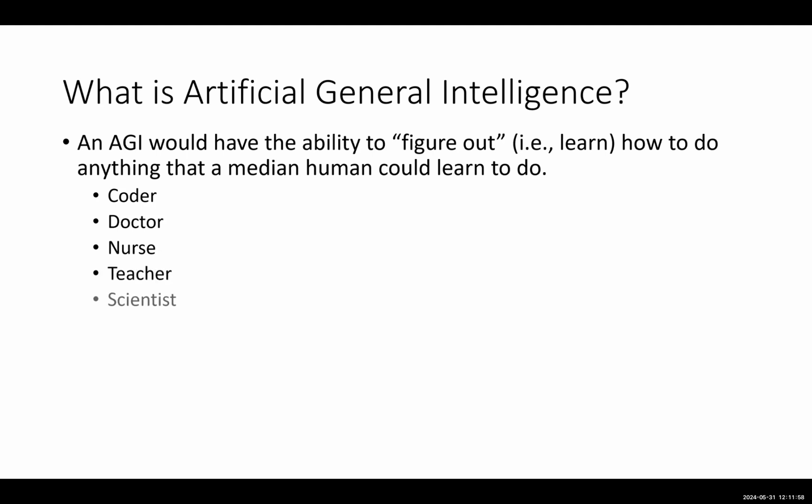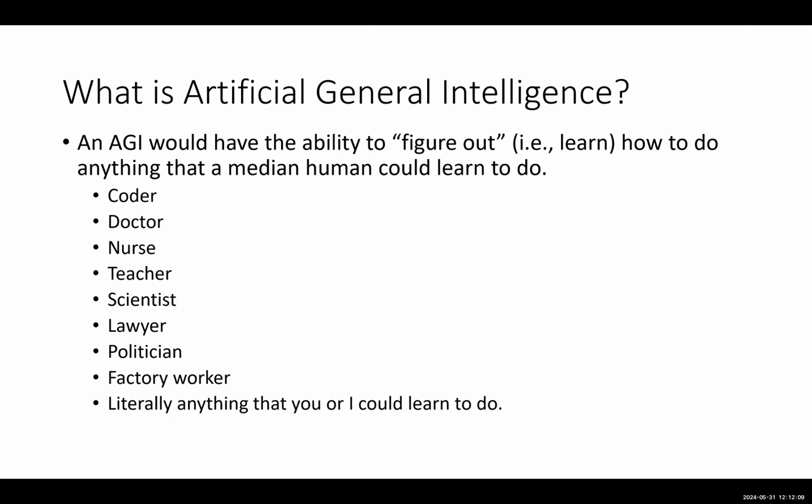Or a teacher, or a scientist, or a lawyer, maybe a politician, any kind of job, any sort of field, literally like a factory worker, anything at all that you can do or that I could do. If we can learn how to do it, we can figure out how to do that thing, then an AGI can too. So that's the definition that Altman gives us.